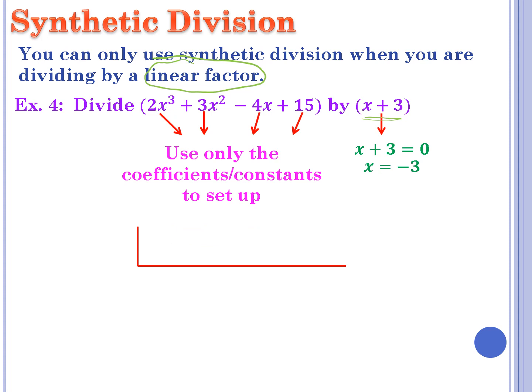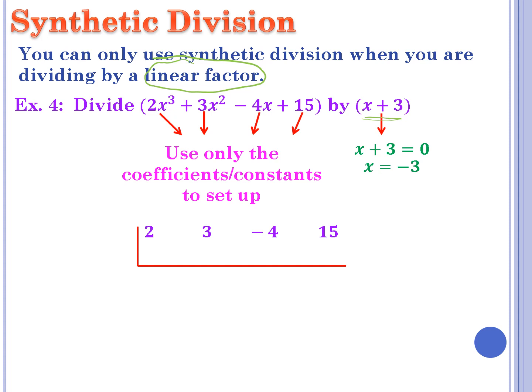Okay, so on the first row, you're only going to take the coefficients, with their signs. So it's going to be 2, 3, -4, and 15. Notice I did not do any variables, just the coefficients and constant.